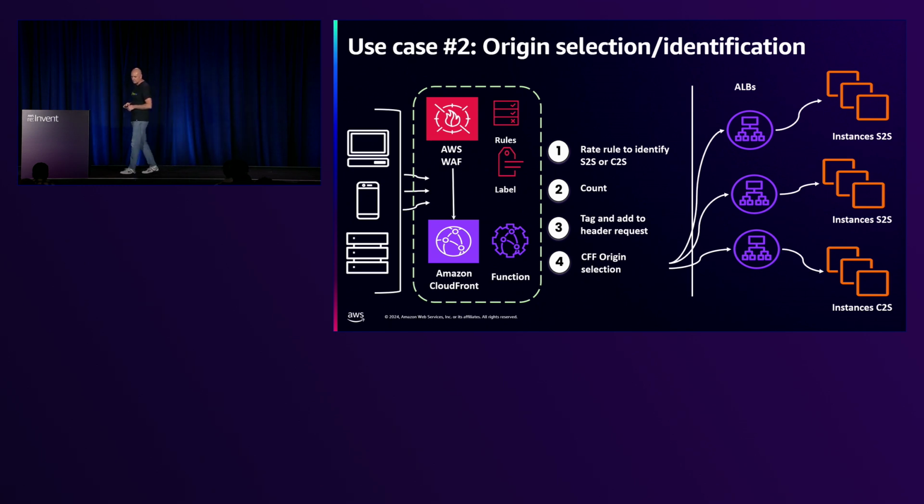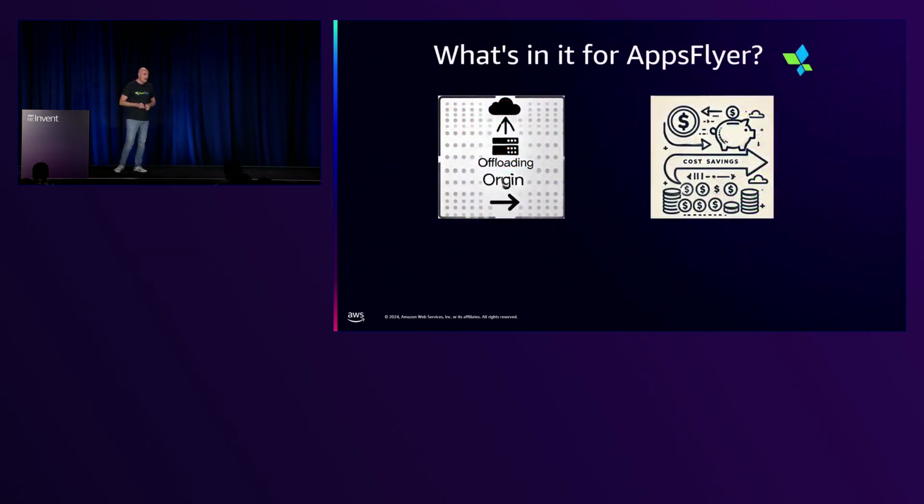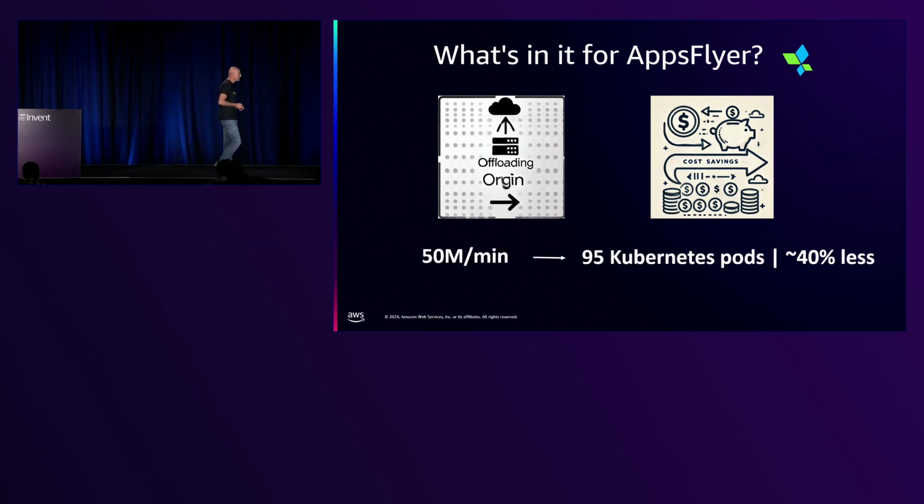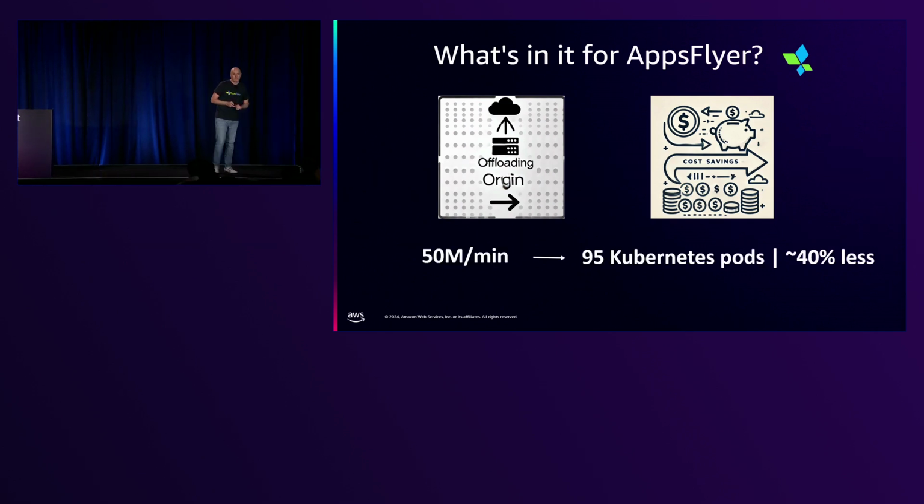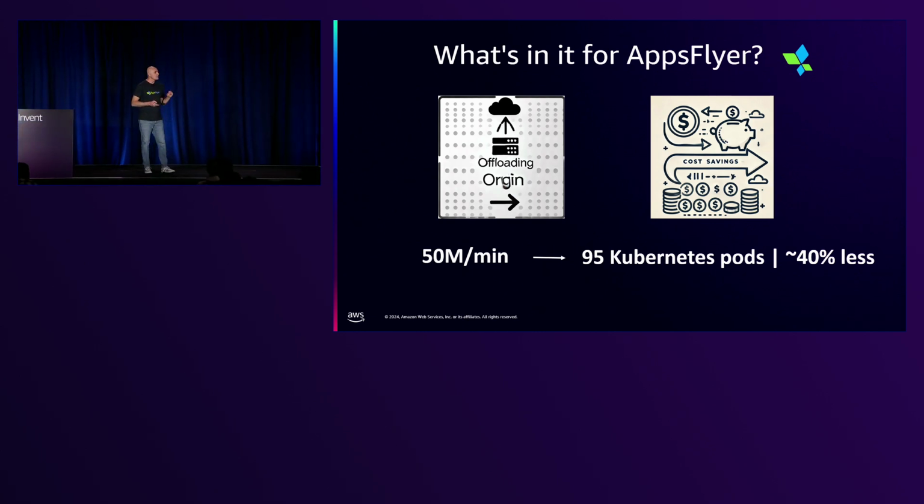What's in it for AppsFlyer? Basically, of course, we offload the origin. We don't need this kind of Kubernetes pods anymore because now we know who is a server and who is not. And as I said, redirection is much more compute intensive.